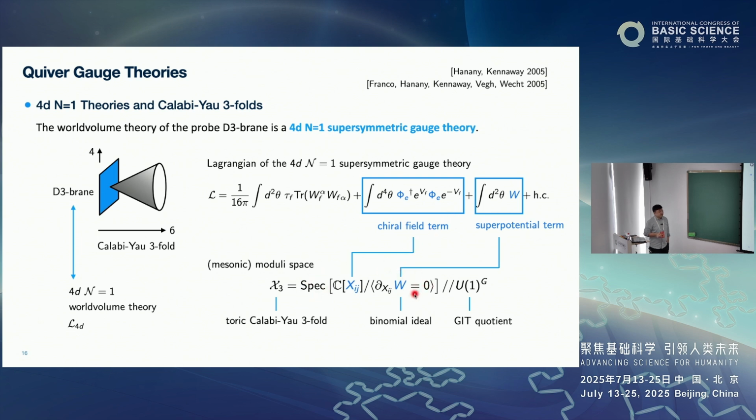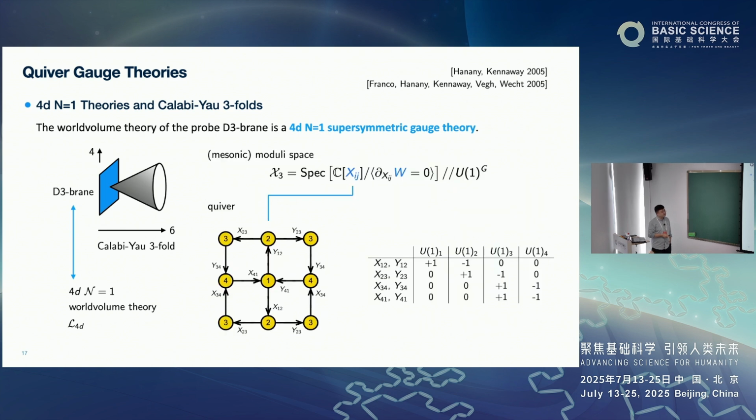And that coordinate ring is then graded by U(1) gauge charges that I then take out by GIT quotient, resulting in a variety that is equal to the toric Calabi-Yau threefold that we start with. So given the Lagrangian, we identify what the corresponding toric Calabi-Yau threefold is.